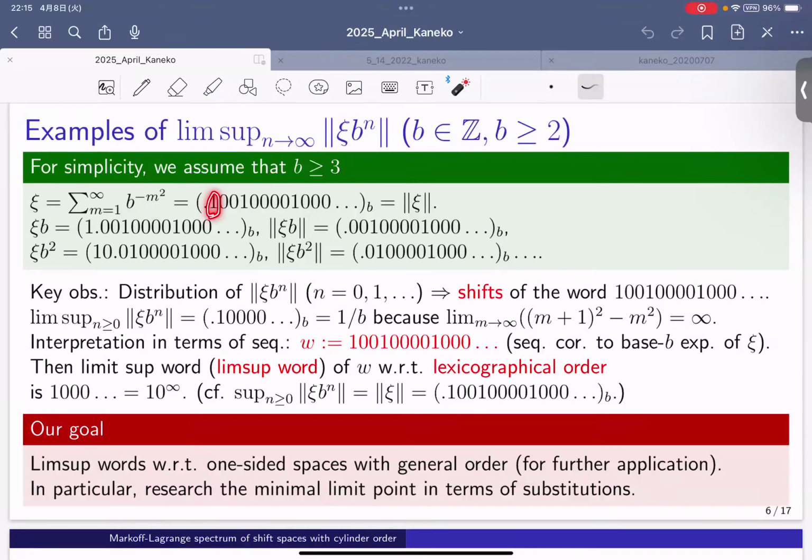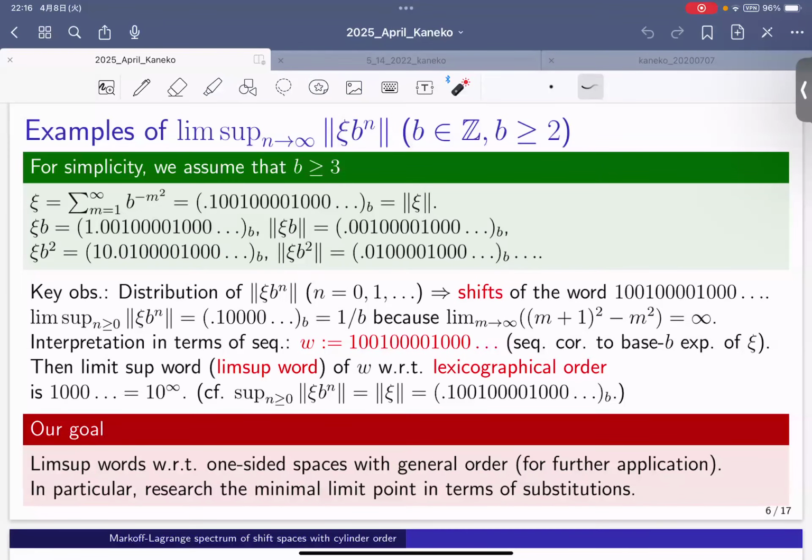Here 1, and this is 4, and this is 9. So the base B expansion is like this. Because B is at least 3, it's less than 1/2, and the distance from this is C minus 0, the distance to the nearest integer.